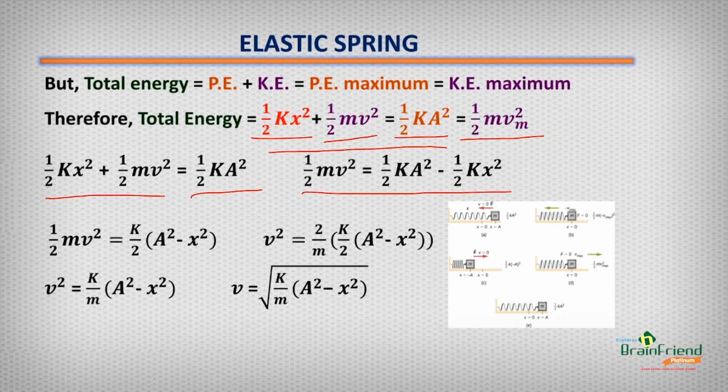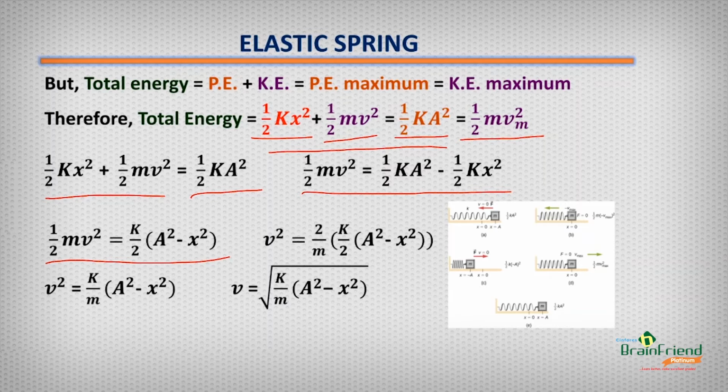Factoring out k over 2 from the right-hand side of the equation, we have half mv squared is equal to k over 2 bracket open a squared minus s squared bracket closed. That's to show that k over 2 is common to half Ka squared and half Ks squared.